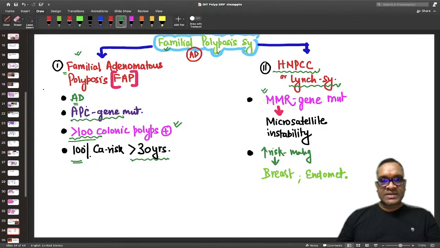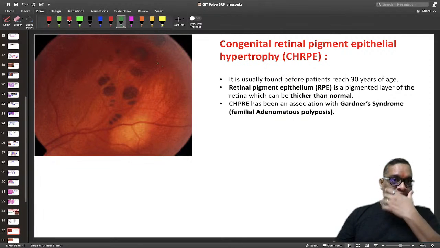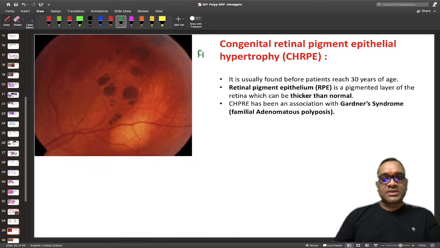HNPCC has a mismatch repair gene defect, and that will lead to microsatellite instability. They have an increased risk for breast cancer and endometrial cancer, right? Now I want to tell you some of the important clinical findings which you may find in the familial adenomatous polyposis variant, because, as I said, familial adenomatous polyposis has an association with two important syndromes, Turcot syndrome and Gardner syndrome, right?